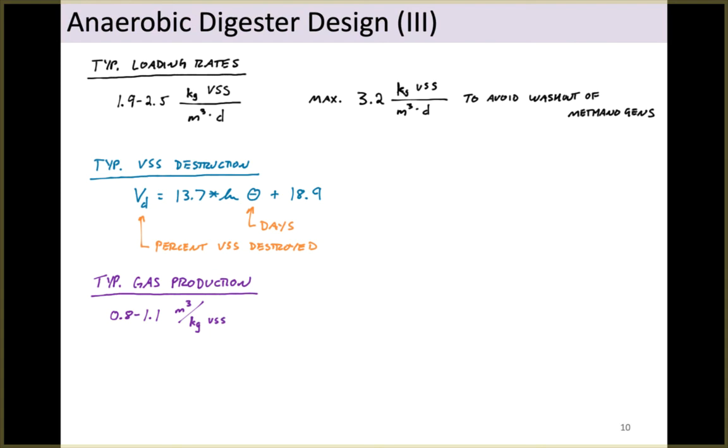And again, we saw this earlier, but just a reminder, every kilogram of volatile suspended solids that we destroy, we're anticipating anywhere from about 0.8 to 1.1 cubic meters of gas getting produced. That's total amount of gas, and we saw early in this lecture how you could convert that to estimate methane or CO2 production.